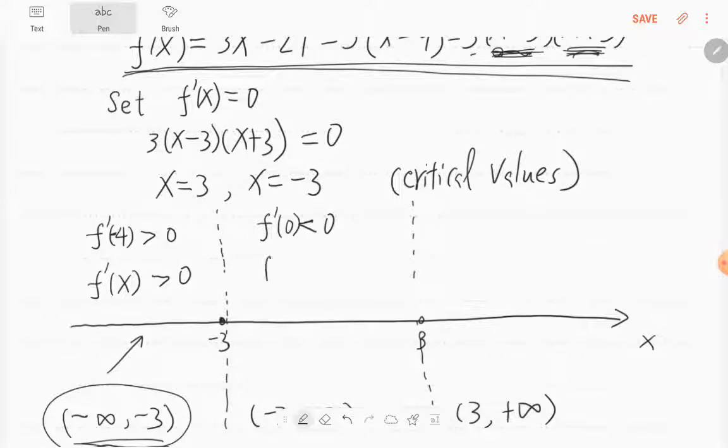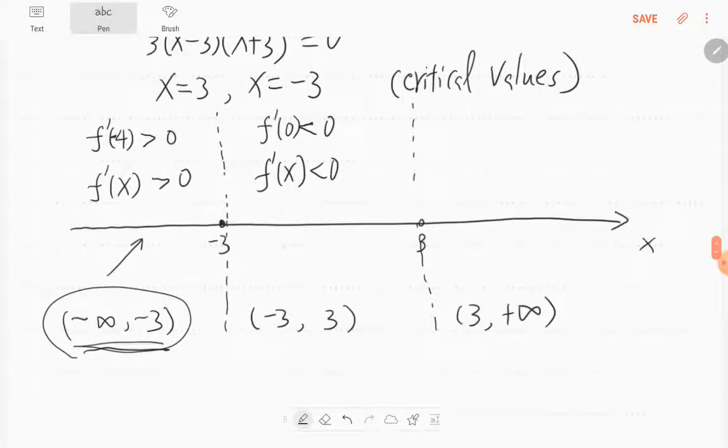So that means on this whole interval, this is less than 0. So in other words, from negative 3 to 3, it would be a decreasing function. The same thing for here. We plug in 4, you will get a positive number for the derivative. So on this interval, the derivative is positive, so it's increasing.